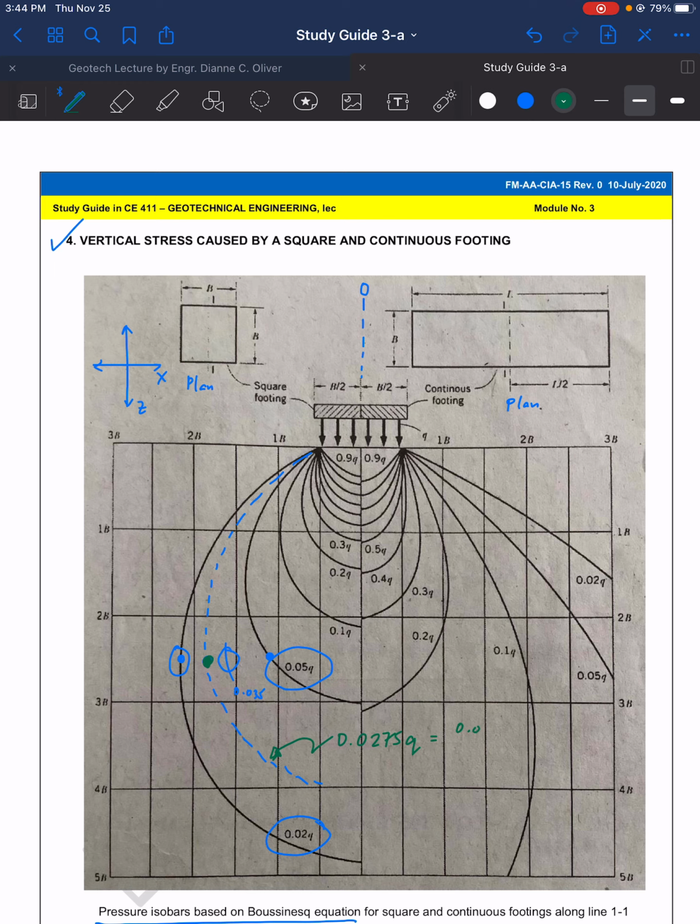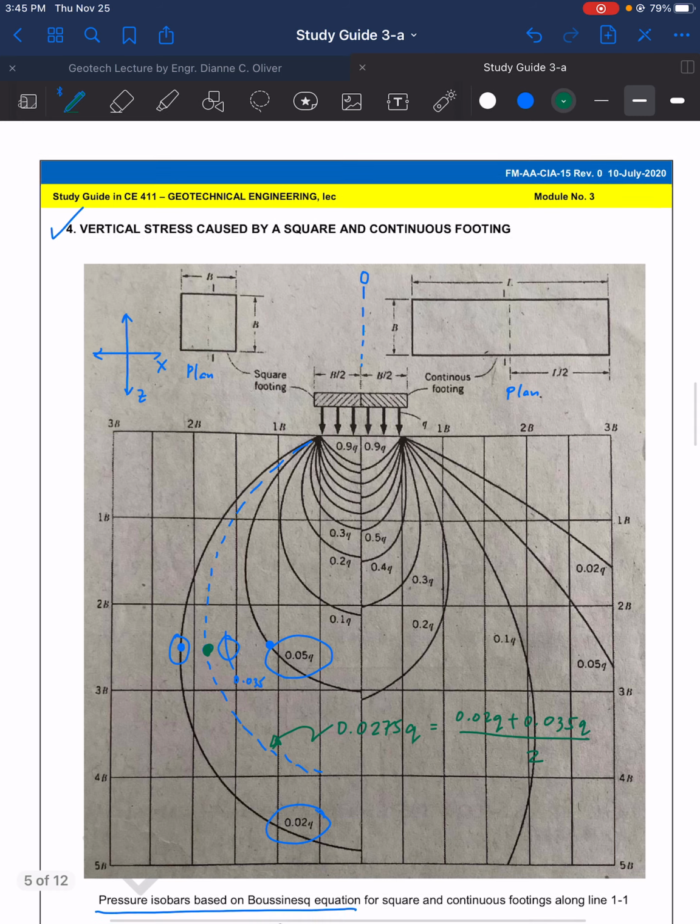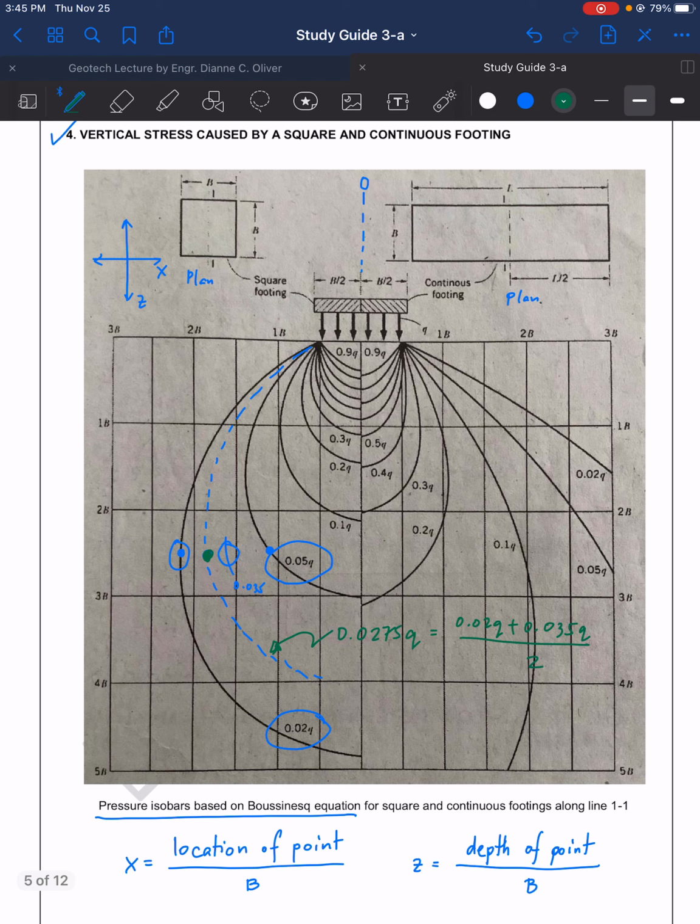That is 0.02 Q plus 0.035 Q, which we approximated at this point, divided by 2. Okay, so that's how we got the point, and the formula that we get becomes the formula for delta P. Okay, so that's for the number 4 formula.